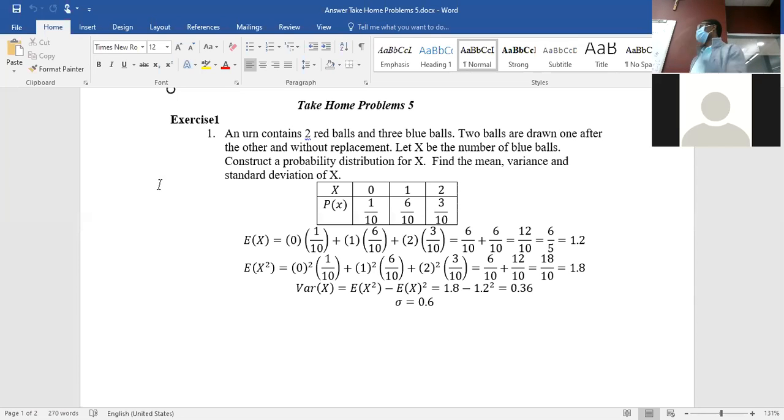If it is 1, it doesn't mean you are not doing something wrong. Sometimes things are like that. It will go one way, but not the reverse. So having this, we can find the mean. The mean of x is taking each value and multiplying by the probability.